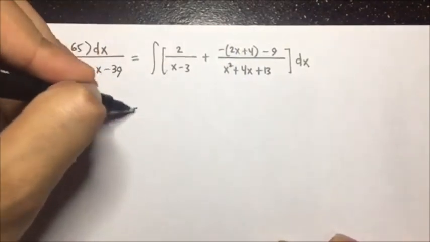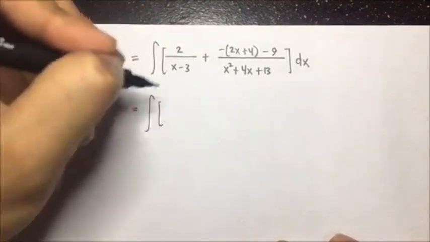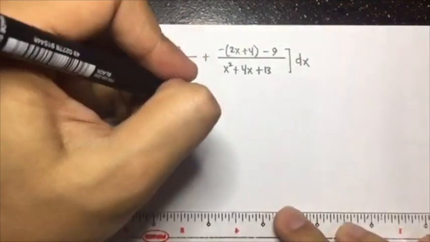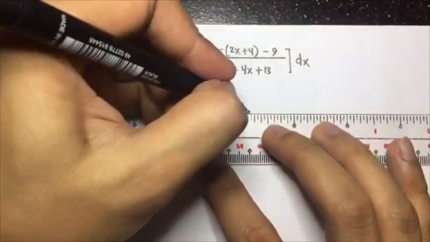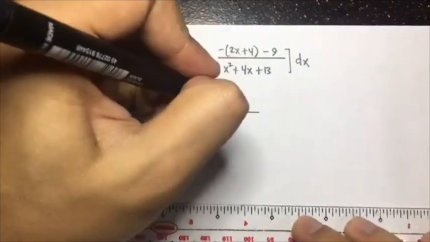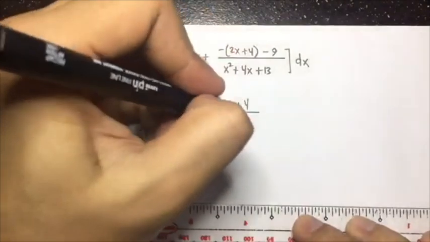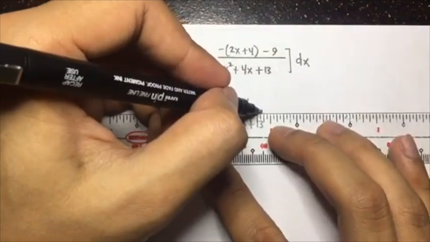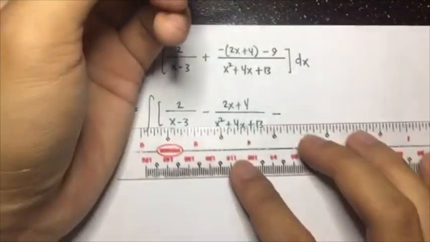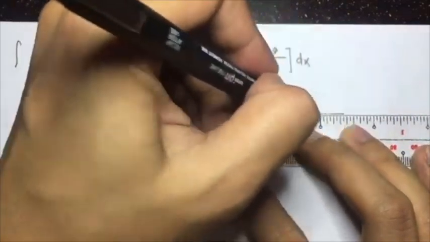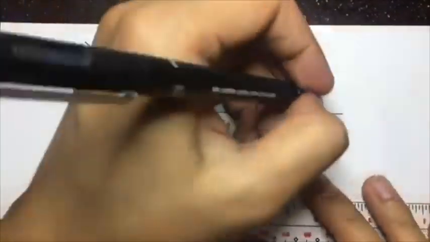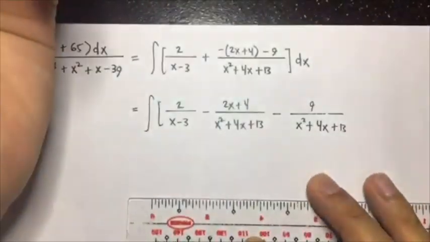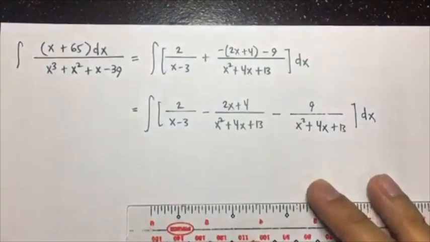So this will become integral of 2 over x minus 3 minus 2x plus 4 over x squared plus 4x plus 13, minus 9 over the same, 9 over x squared plus 4x plus 13, dx.